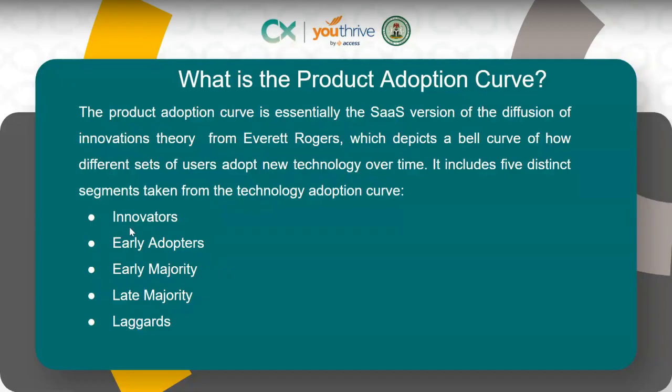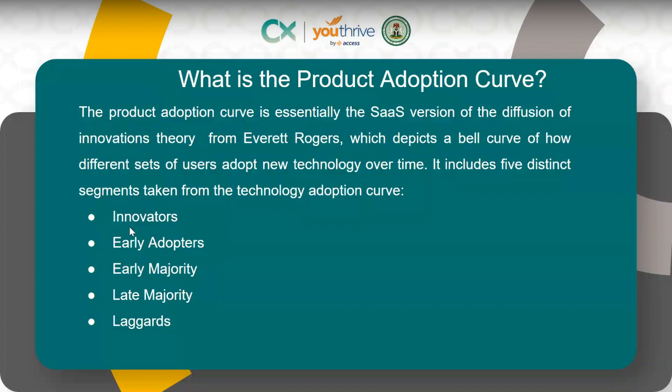Okay, so here we have what we call the product adoption curve. All right. Here, the product adoption curve essentially is the SaaS, software as a service, version of the diffusion of innovation theory from Everett Rogers. It's majorly for software as a service, but I think it even expands beyond that.